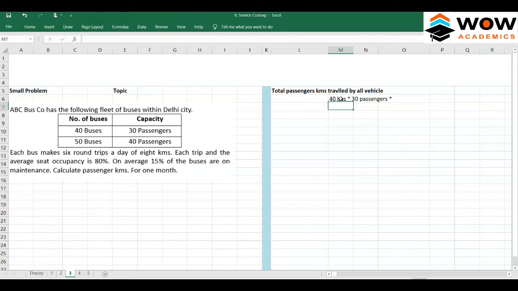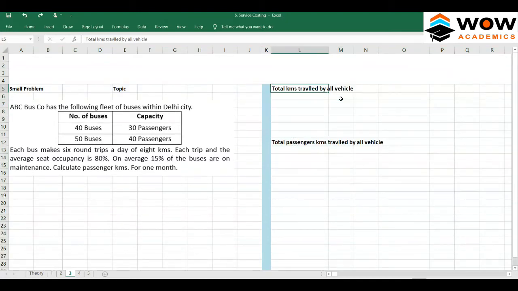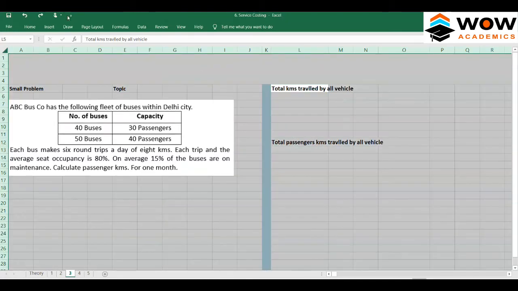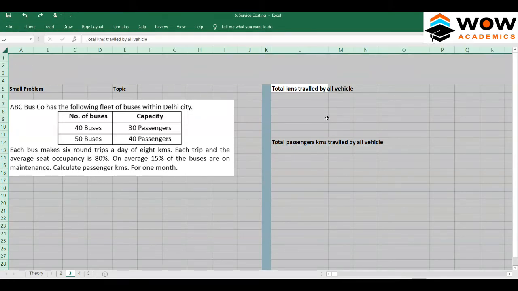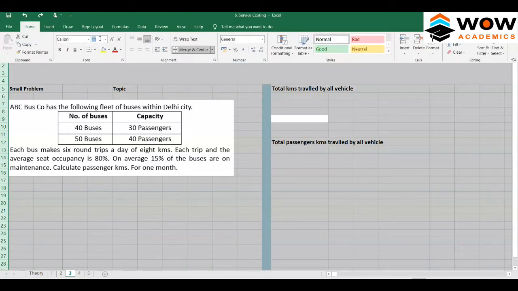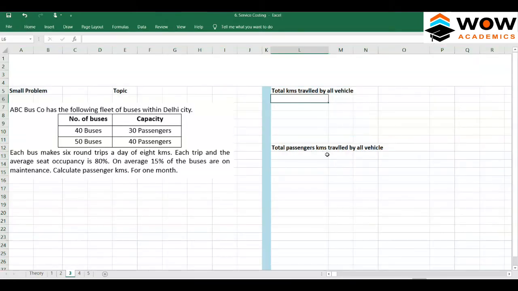I think we can work this out in this manner itself. Let's see. We'll have the kilometers data here and passengers data here. We'll put the buses here: 40 buses are there which take 30 passengers.